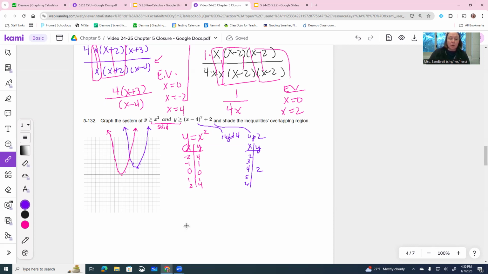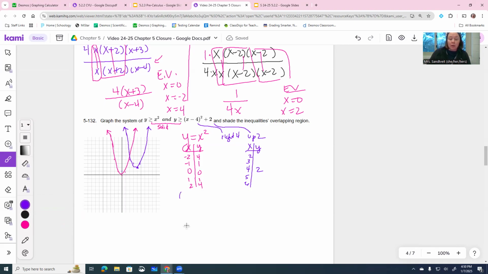Okay, so let's start with this one. Now remember, what we would do is test a point, and it has to be a point not on the boundary graph. So I like 0, 0 usually, but for this one, I would not pick 0, 0 because that's one of my points. I might test the point, let's say, 0, 1.